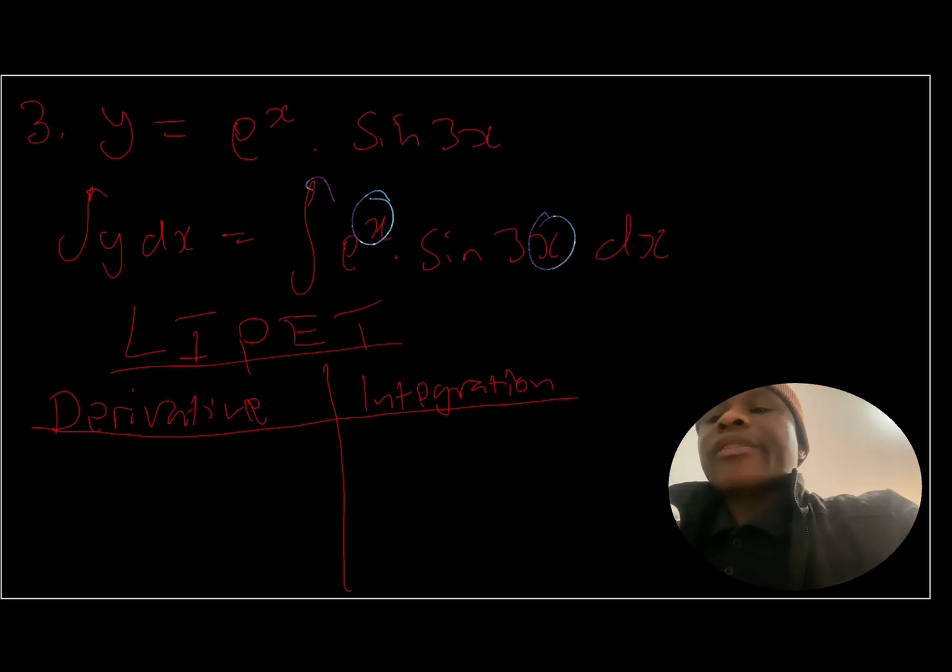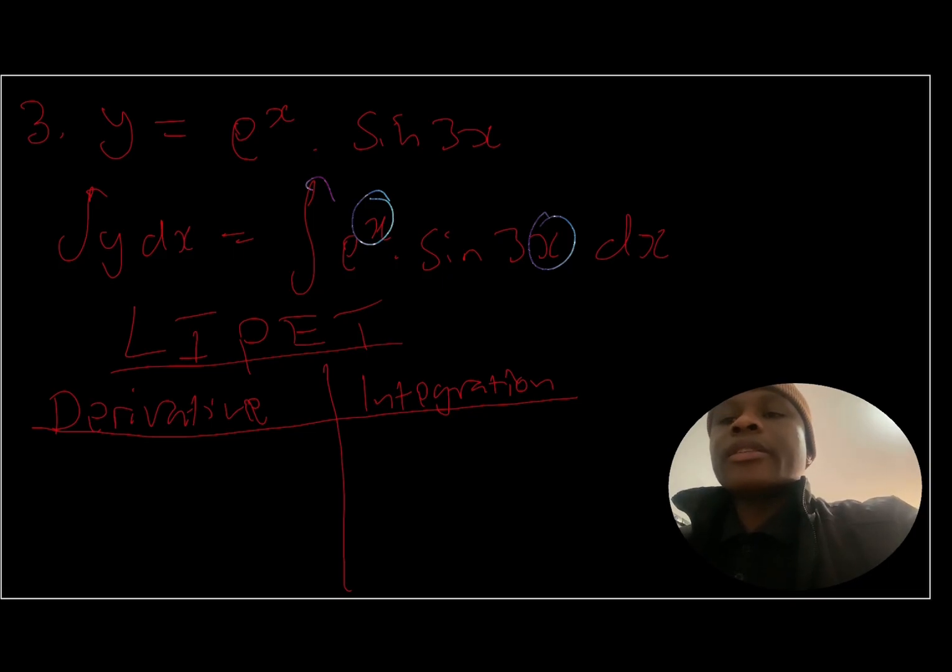The one that we're going to derive is the one that comes first on the LIPET, and the one that we're going to integrate is the one that comes after the one that is going to be derived. All right, let's see.